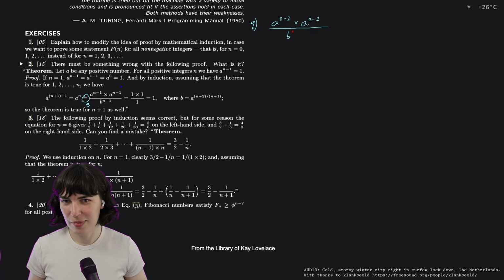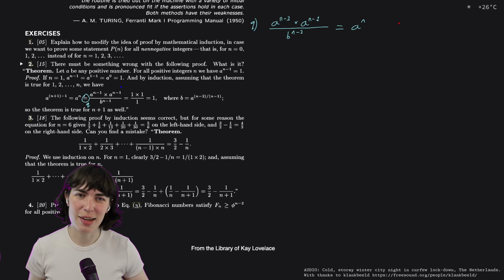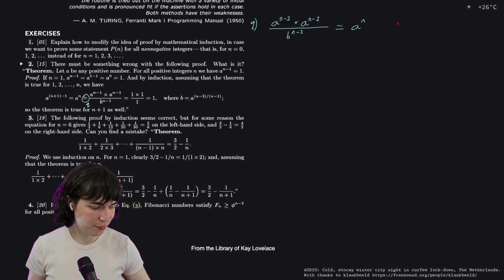b, delightfully devilish, Seymour. Yes, yes. And this is supposed to turn out equal to a^n, and b is like some wild thing over here.